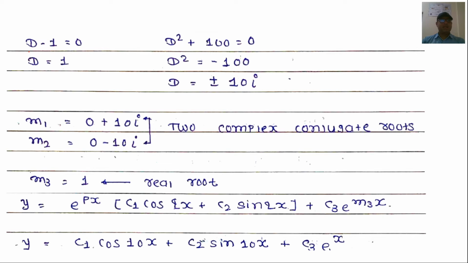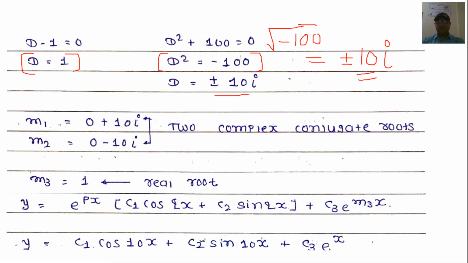Now d minus 1 is equal to 0, so you can write d is equal to 1, and d square is equal to minus 100. Now by finding the square root of minus 100, this is the case of a complex number, so you will get the answer plus or minus 10i.